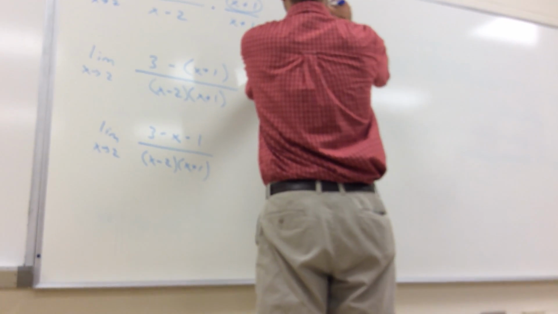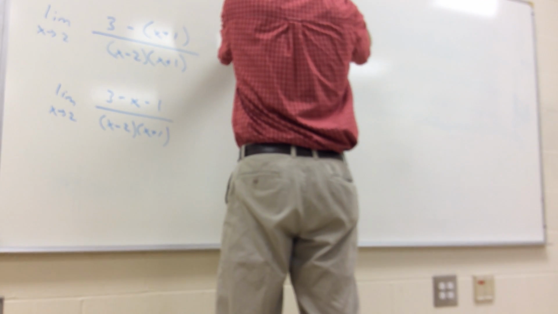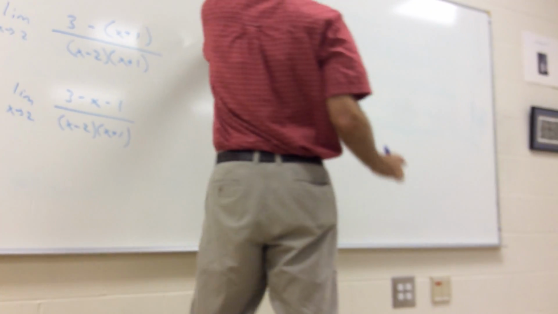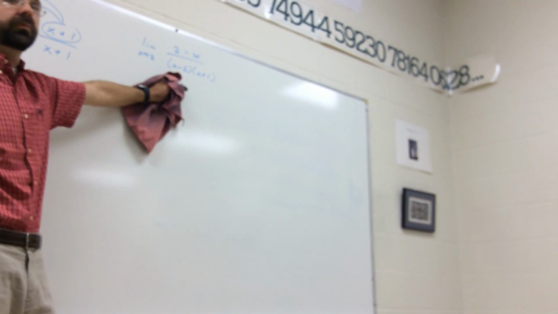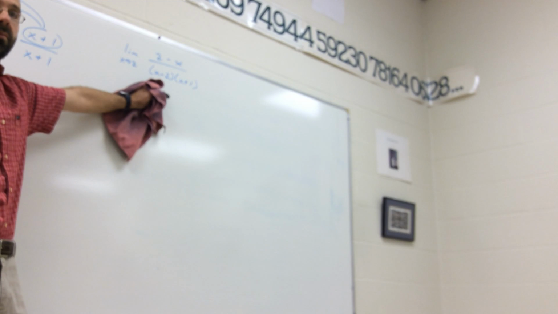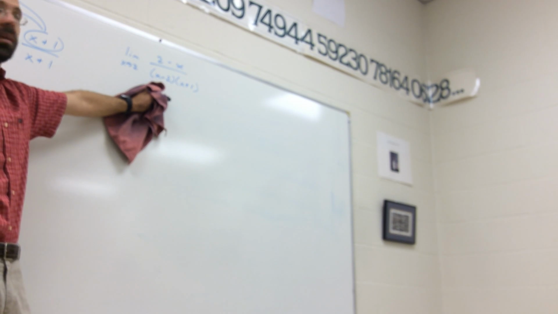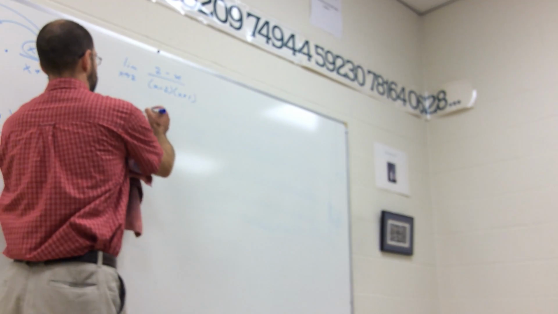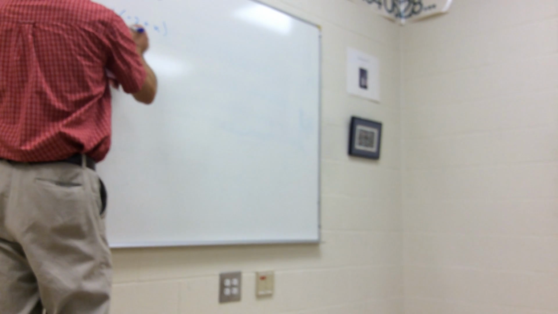So we got the limit as x goes to 2 of 2 minus x all over x minus 2, x plus 1. Then you can factor a -1 out of the top. So -1 times -2 plus x.